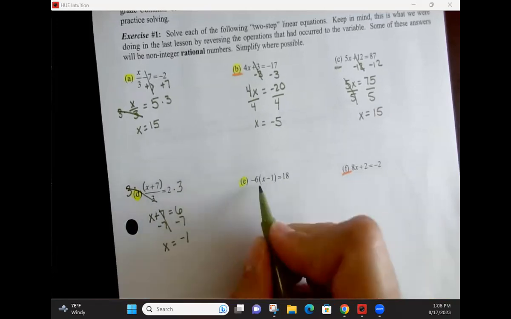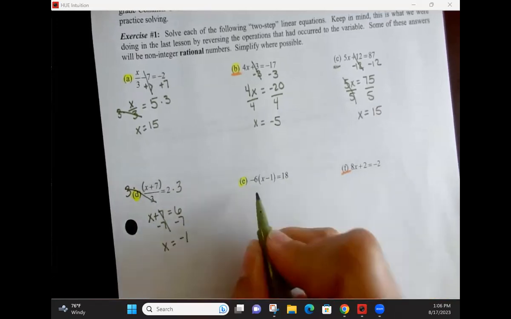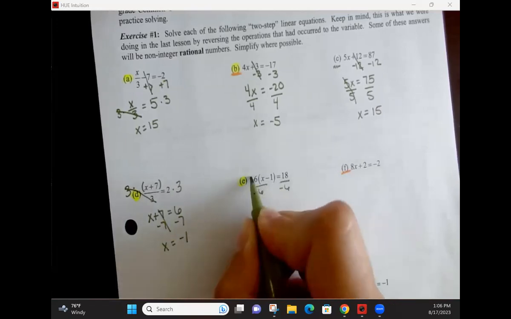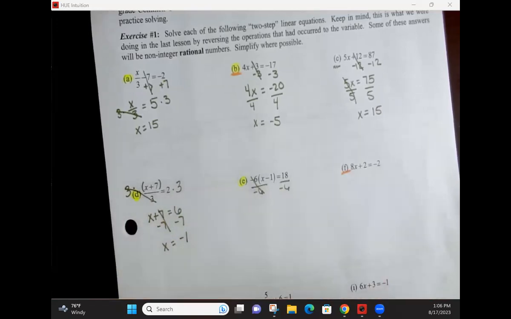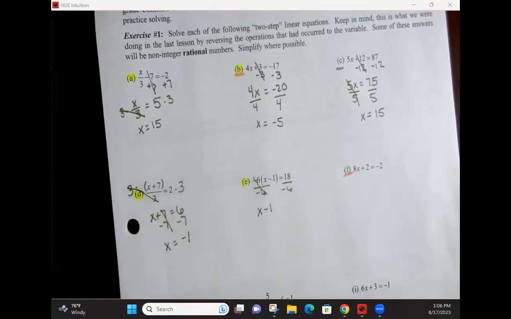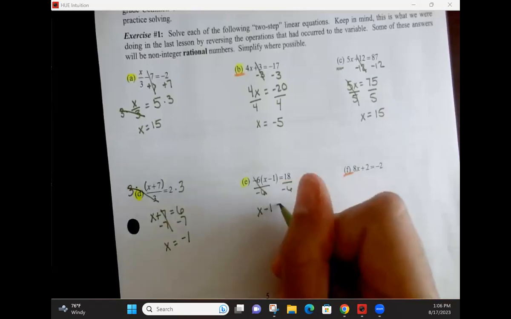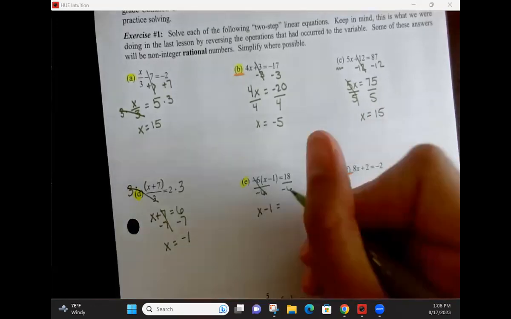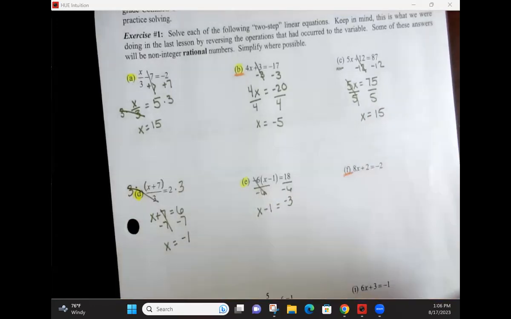So I'm going to go ahead and divide away that -6. I'm going to get it out of there. Again, we'll talk about a different way that we can approach that a little bit later. But I'm going to choose to get rid of that -6 right out of the gate. So I have x minus 1 left, and then 18 divided by -6 would give me -3.